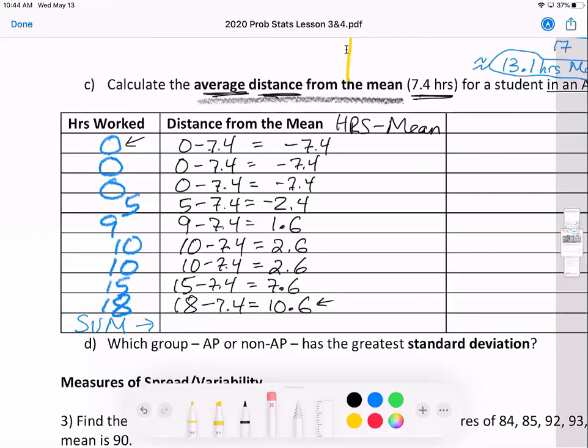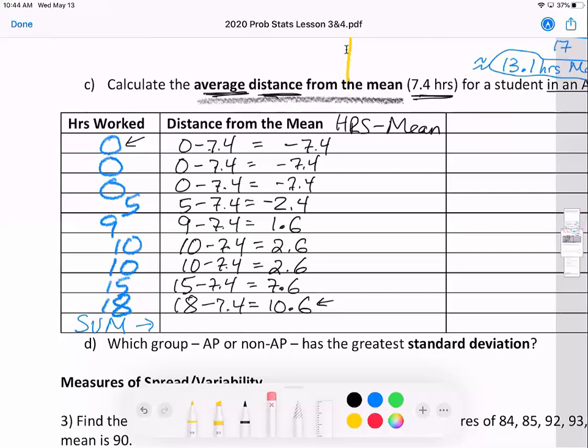So looking at the stem plot, which group, AP or non-AP, do you think would have the larger standard deviation? This one we just said was 6.3 standard deviation. This group, do you think it'll have a higher or lower standard deviation?